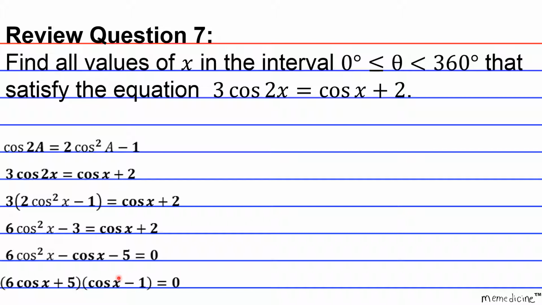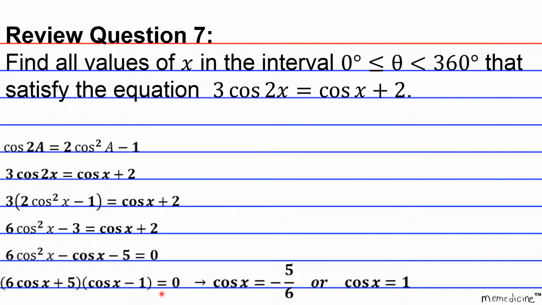The zero product property simply states that if A, this is term A, times B, this is term B, is equivalent to 0, then either term A or term B has to be equal to 0, or potentially even both are equivalent to 0. So a product of two factors, factor 1 and factor 2, is 0 if and only if one or more of the factors are equivalent to 0 themselves. So that's why we can do this.